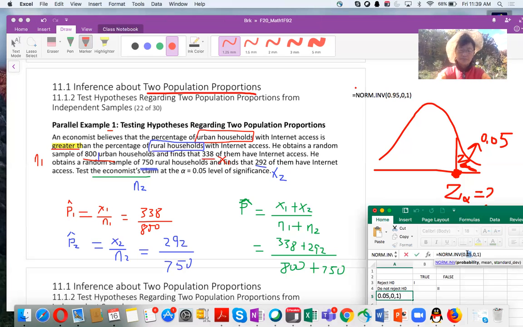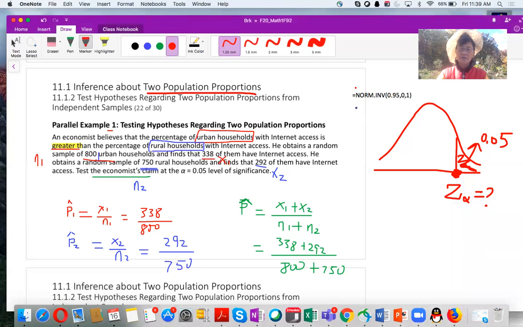If you use 0.05, you get a negative number, which is for a left tail test. So you get 1.645.